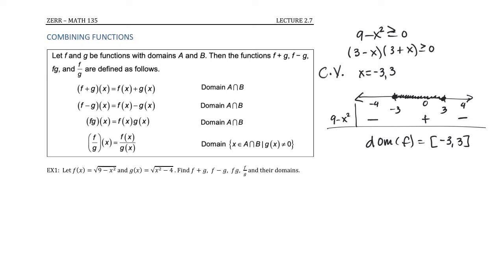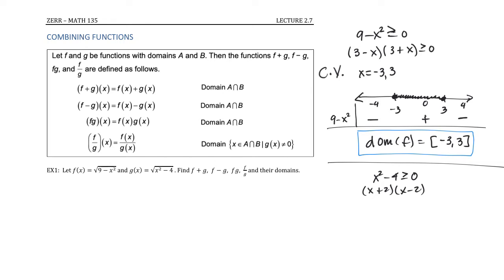And I also have a square root for my g function, so let's look at the domain there. I'm just going to keep track of this here. Okay, so for my g function, I would take my radicand and make sure that it's positive, again factoring it. Key values there are at -2 and 2.